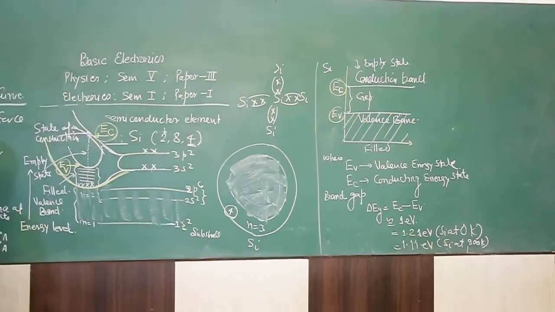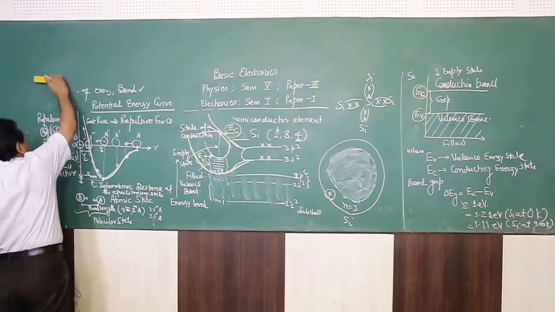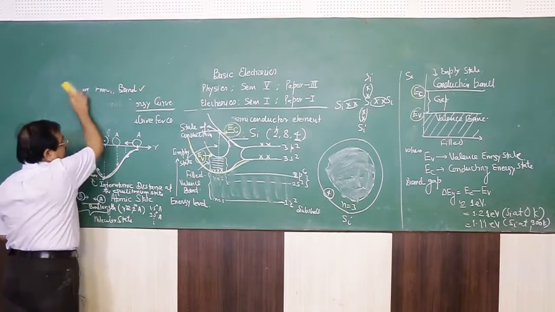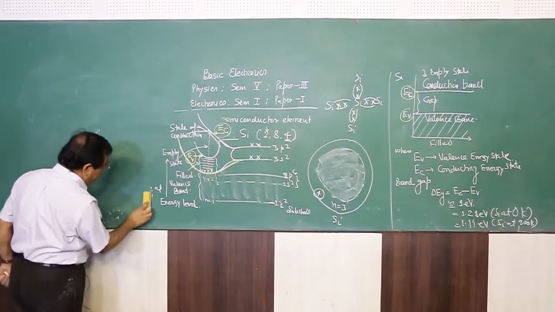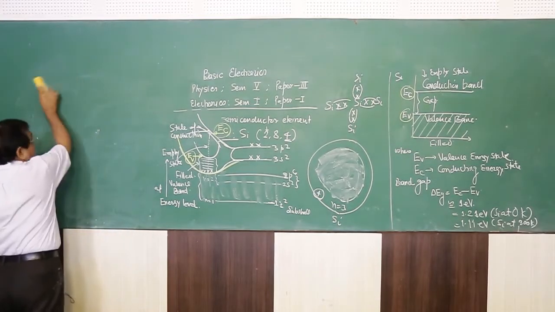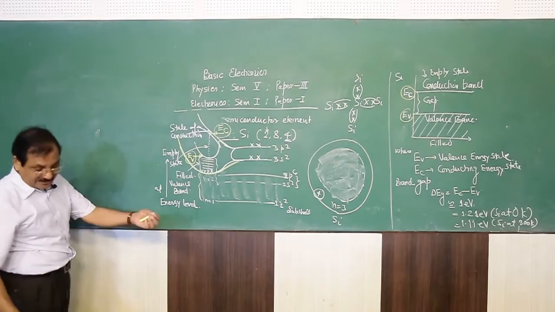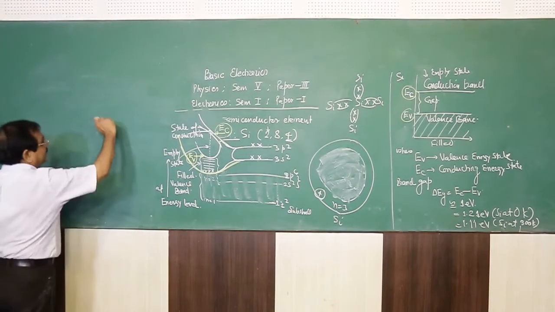Now, the semiconductor can be classified in two broader categories on the basis of energy band, on the basis of the conductivity.